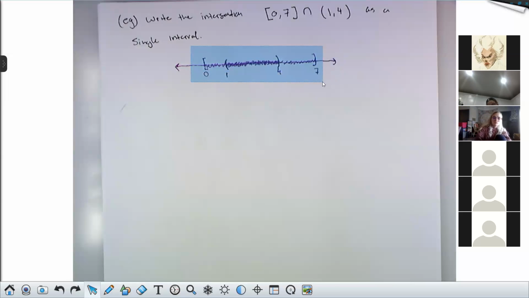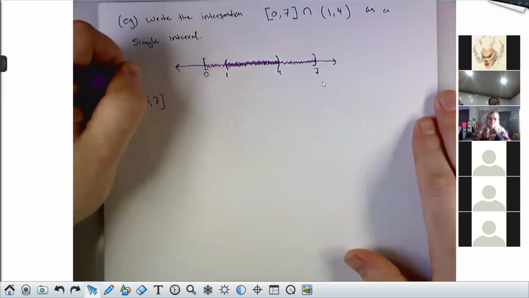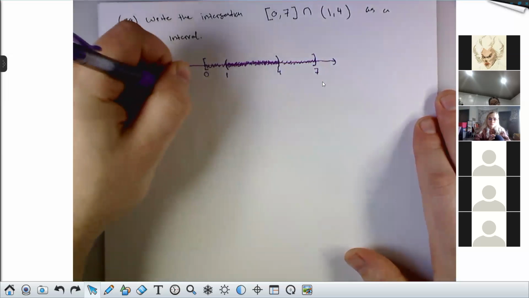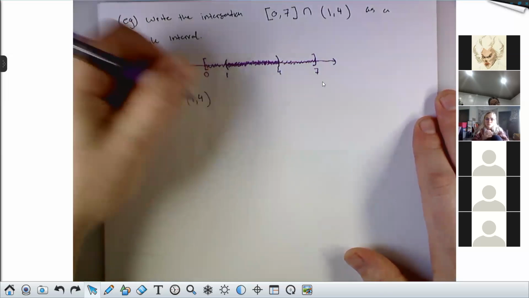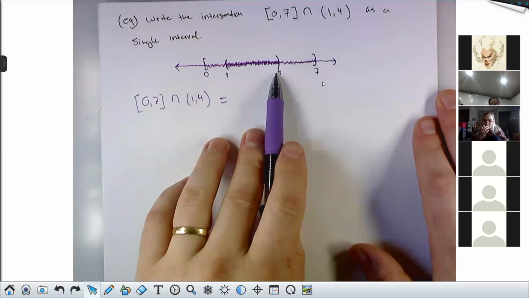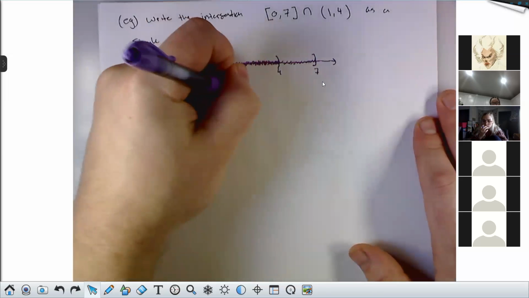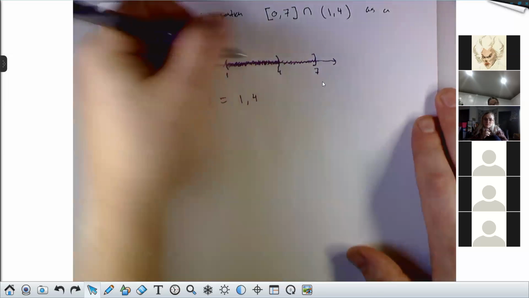What is this intersection? 1 to 4. Very good. It's just the interval from 1 to 4. So 0, 7 bracket intersected with 1, 4, both in parentheses. This new interval that I get by intersecting those two is just the stuff that got shaded twice, just the overlap. And that's going to have left endpoint 1 and right endpoint 4.